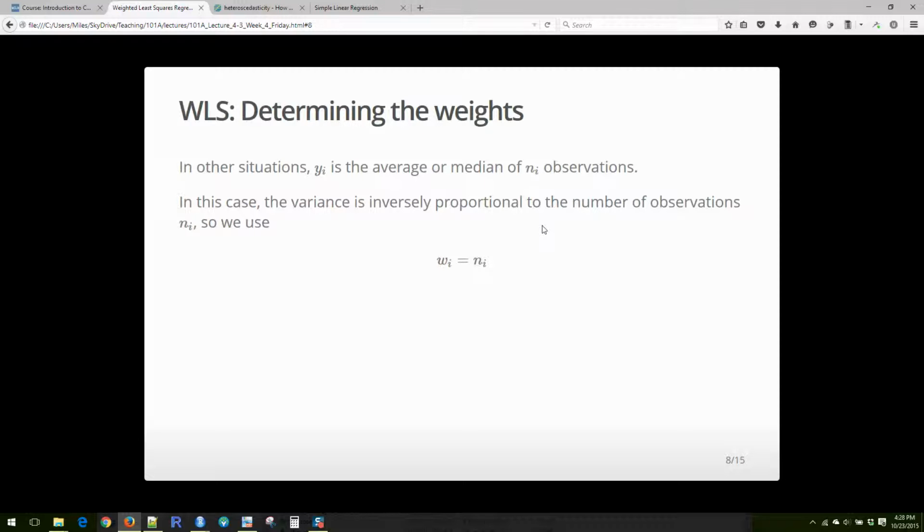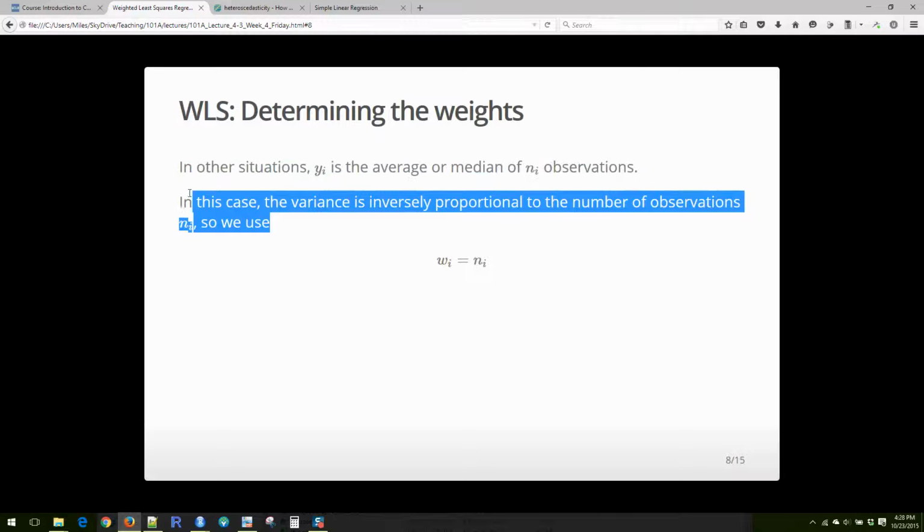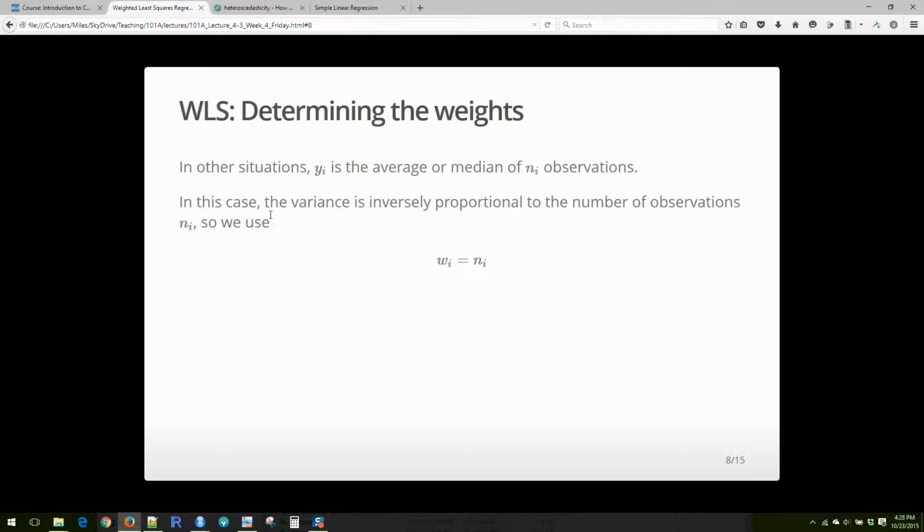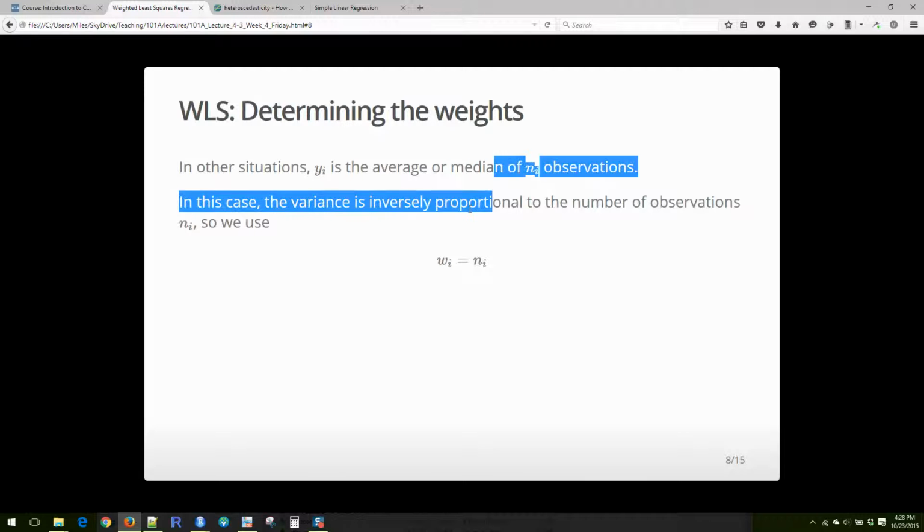Not as the mean increases, but as the sample size used to determine the mean increases. This is just a consequence of how we determine variance for the mean, or a lot of summary statistics. Even the median works that way.